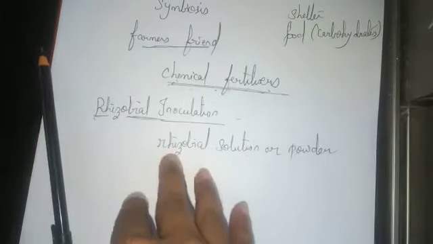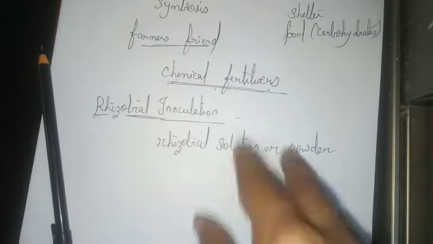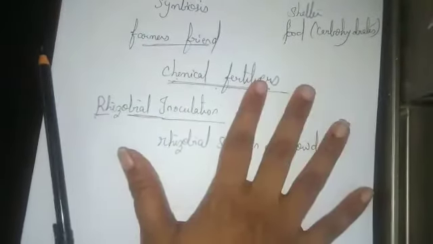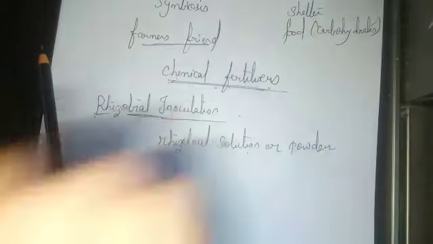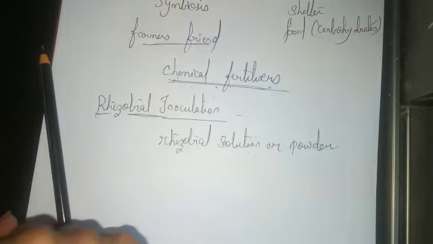Before sowing, the seeds are coated with the rhizobial solution or with the powder, because of which the rhizobium enters the seeds, because of which the fertility of the soil is maintained. So this is the artificial method, and this method is called rhizobial inoculation.